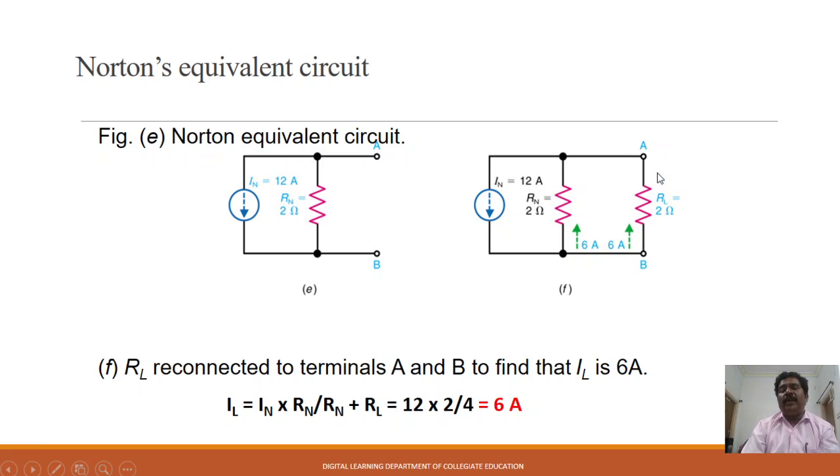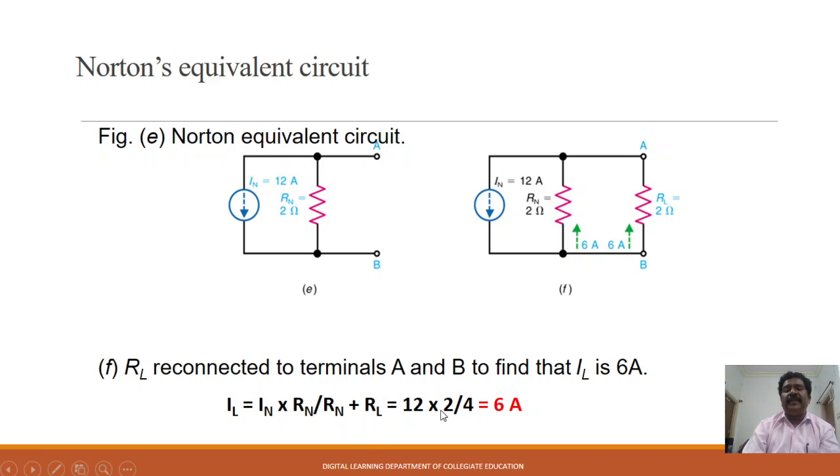I want to calculate the load current by using the branch current method. The branch current method says that the total current into the other branch's resistance, divided by the sum of the resistances, gives the current across any branch. So IL is equal to IN, the main current, into Rn divided by Rn plus RL.